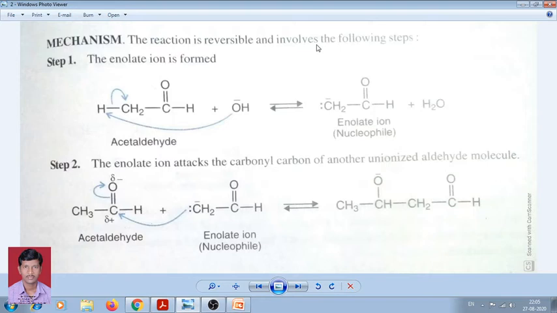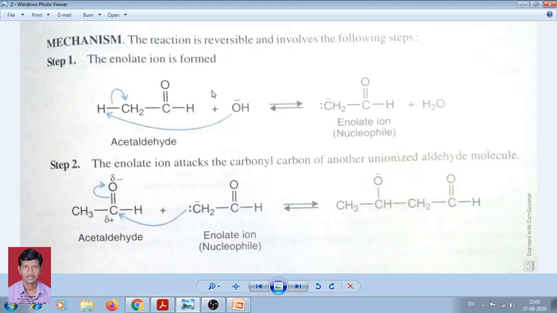That's why this is a reversible reaction. The aldol condensation reaction involves 3 steps. The first step is that the enolate ion is formed. How does the formation of the enolate ion take place?